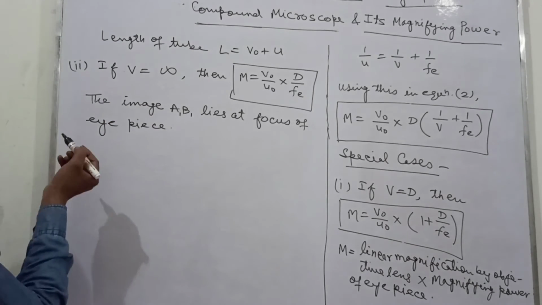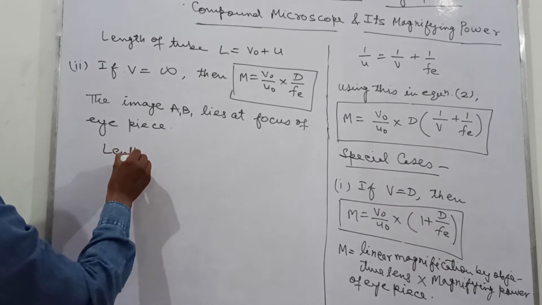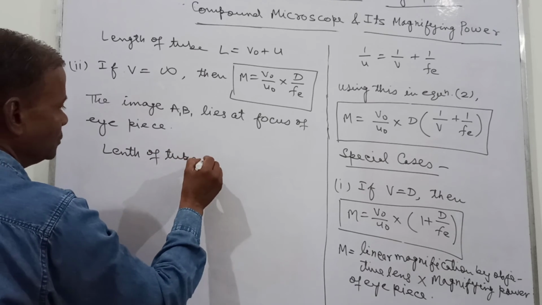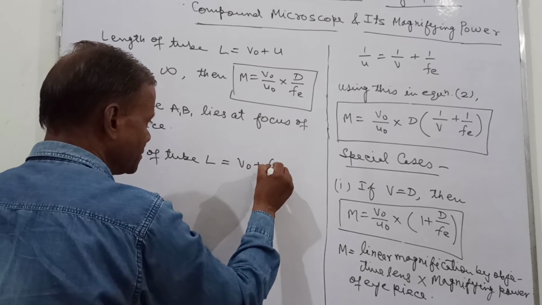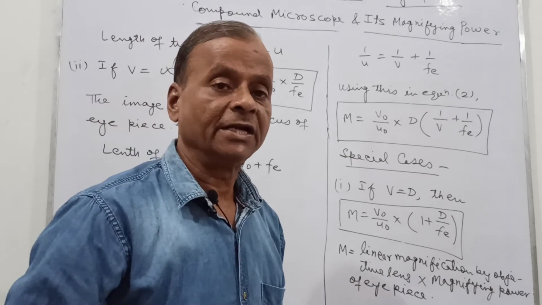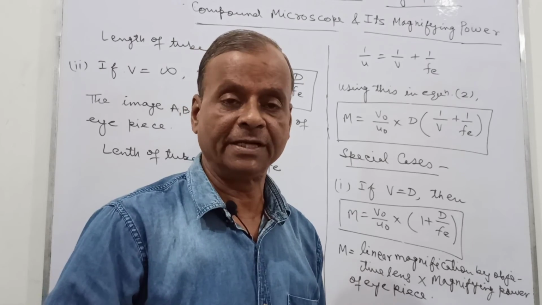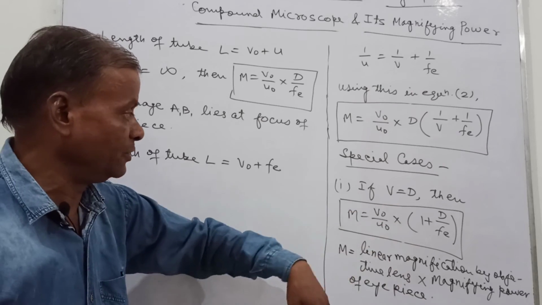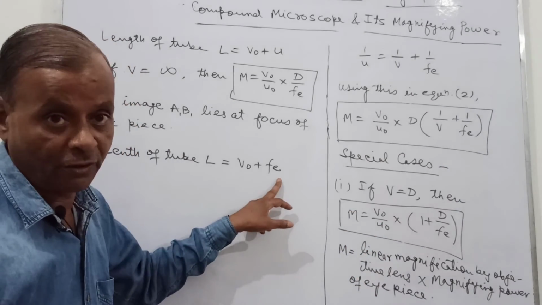So now at this time, what will be the length of the tube? This L is equal to V naught plus F E. Since F E is very small, V naught can be taken to be L. So in place of V naught, we generally use L when F E is very small.